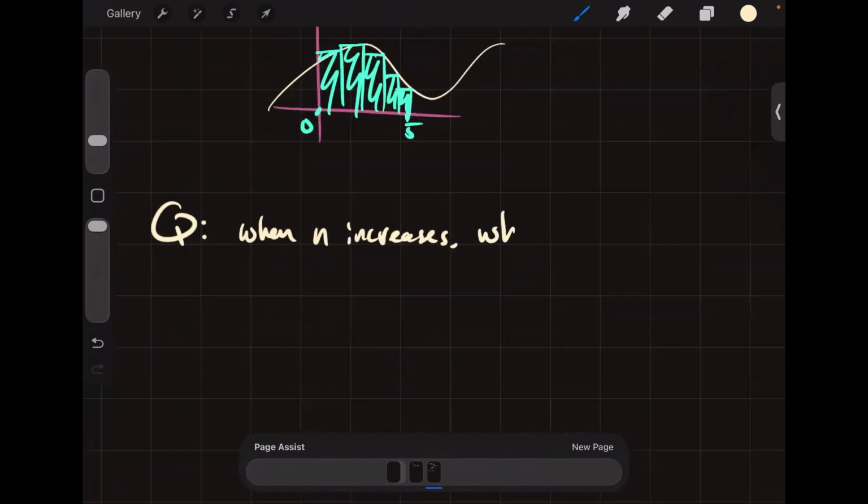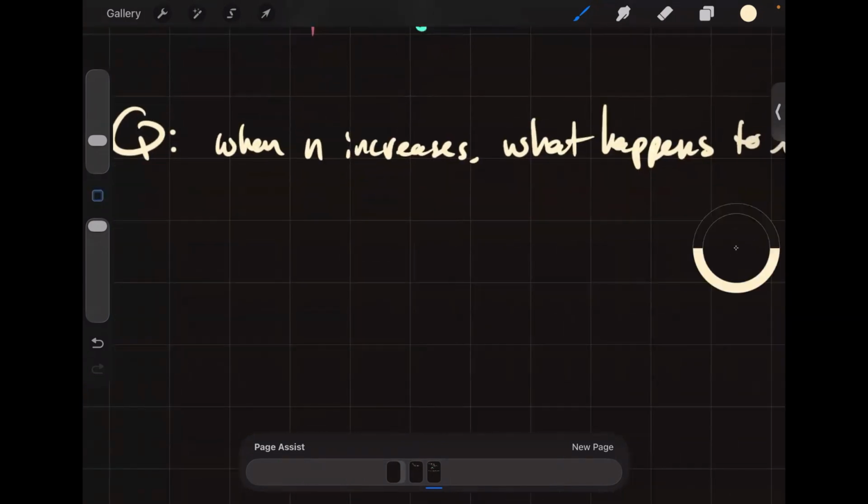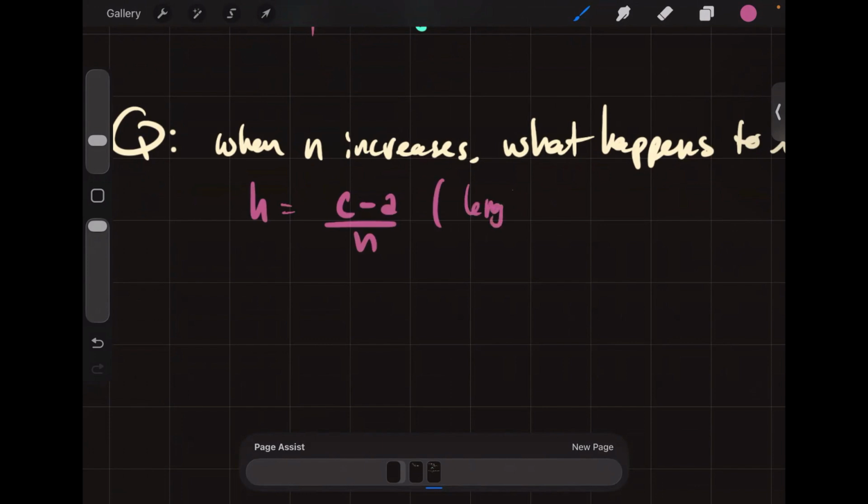The next question then is, when n increases, what happens to h? And let's remember that h is defined as c minus a over n. That is to say, length of interval over number of boxes.